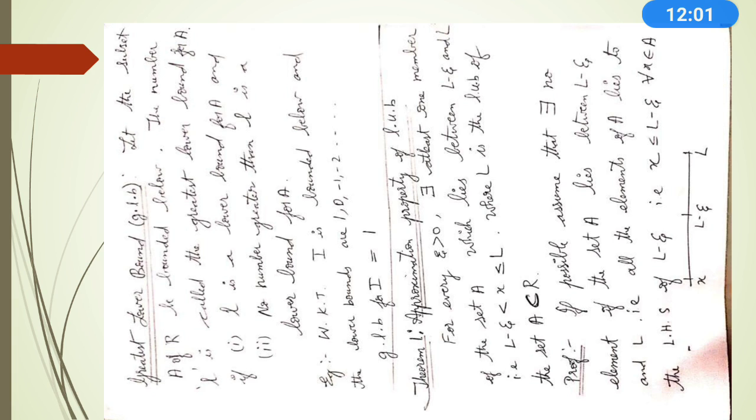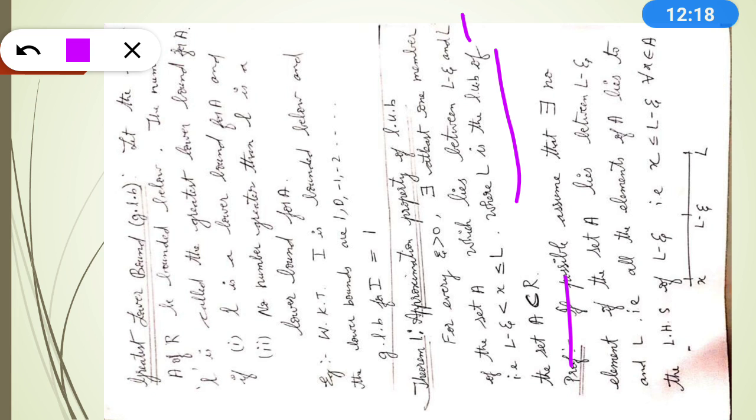L is the least upper bound. So for every epsilon greater than 0, there exists one member of the set A which lies between L minus epsilon and L, where L is the least upper bound for the set. That is what the approximation property of the least upper bound says.